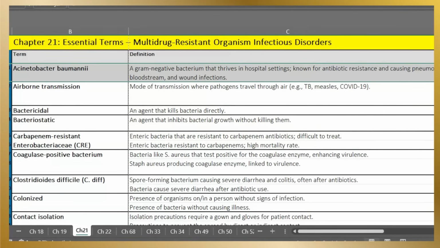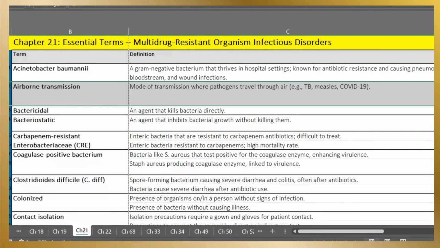Then the next one, we have airborne transmission, a mode of transmission where pathogens travel through the air, like TB, measles, COVID-19. So think about air, floating germs, sneezing or coughing.